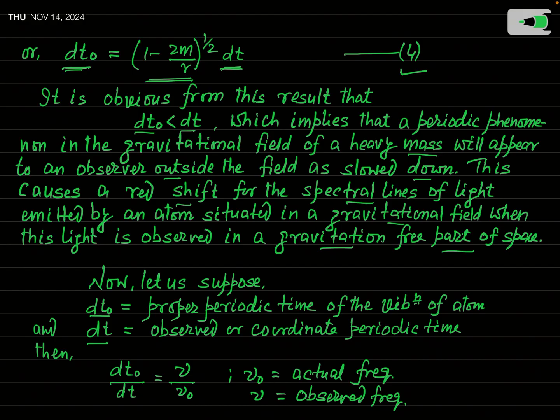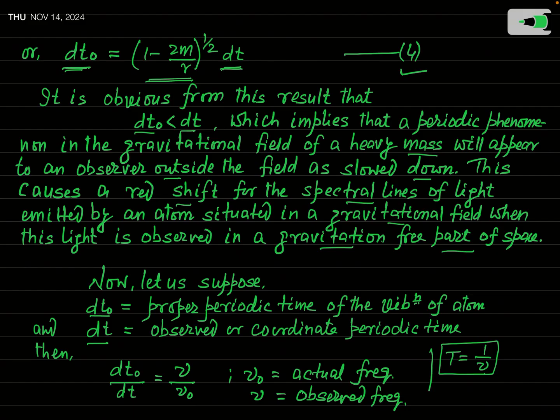Then, as you know, the time period is just the reciprocal of frequency. You have learnt in elementary physics, if t is time period and nu is frequency, then t is equal to 1 over nu. So dt naught by dt will be just the reciprocal of the frequencies.